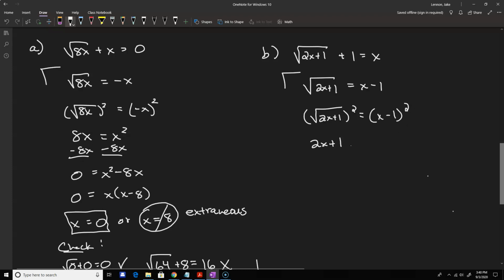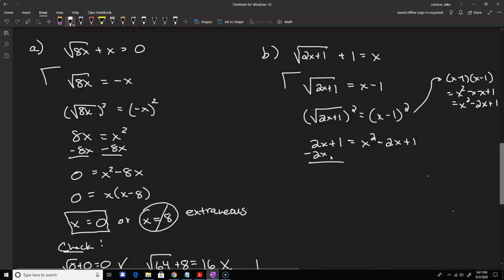Remember, we're doing both because in that case we need to FOIL. So really, this side is going to come out to x squared minus 2x plus 1. Keep that in mind. x minus 1 squared is x minus 1 times x minus 1. So when you FOIL, that's why you get x squared minus 2x plus 1. So that's where we get the simplification from the right-hand side.